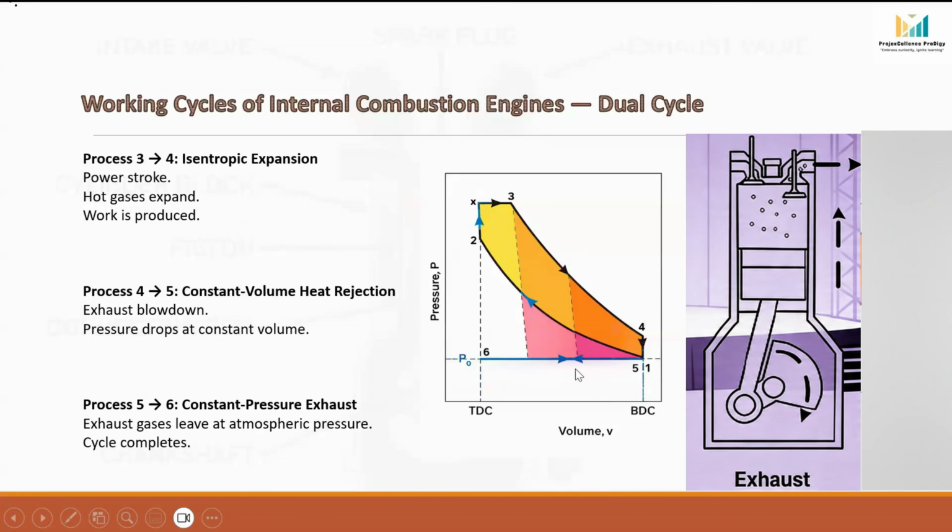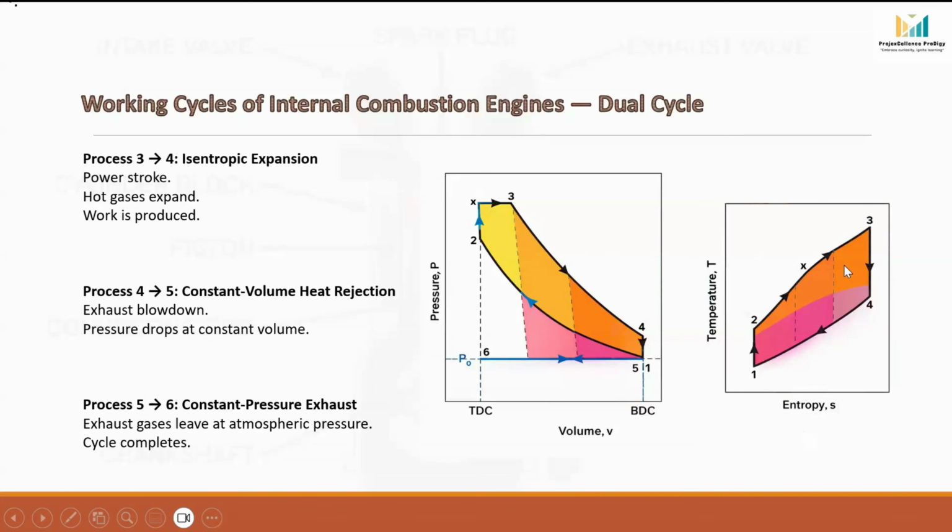Since the cylinder is connected to the atmosphere, the pressure during this process remains approximately atmospheric. During this process, the piston does work to expel the gases and this is not useful work. So we call it negative work or pumping work. Its purpose is simple, to clear the cylinder and prepare it for the next cycle.